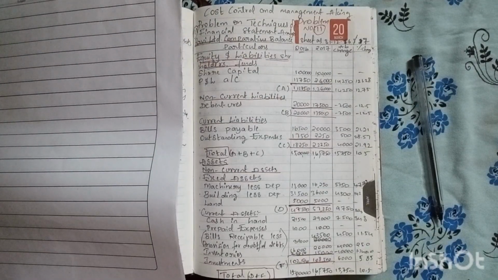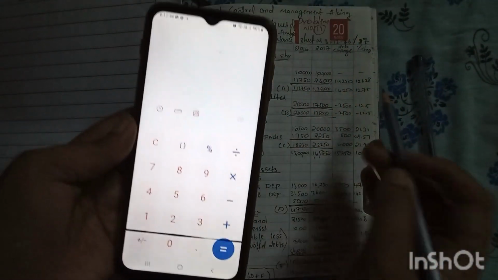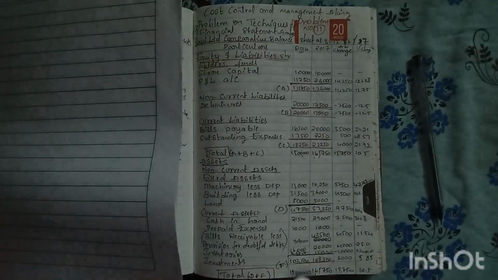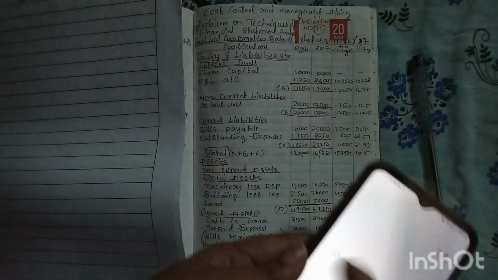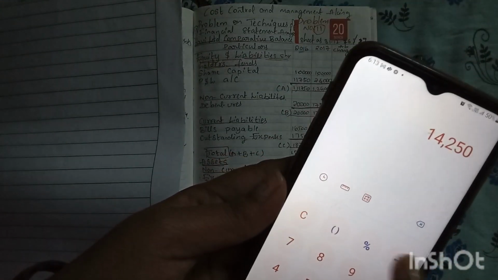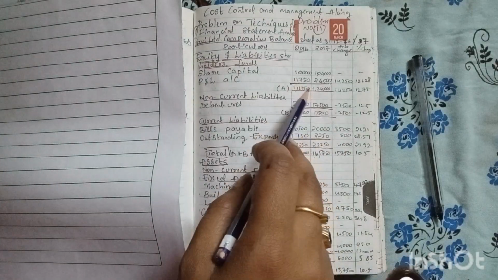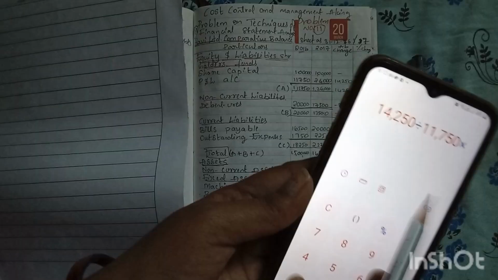So open the calculator on your phones. How are we going to do this? This is the absolute change: 14,250 divided by the base year, 11,750, into 100.